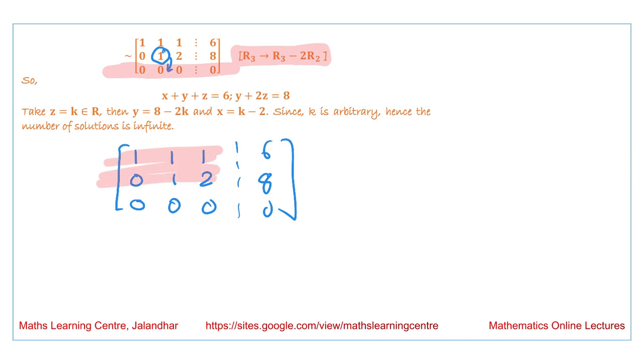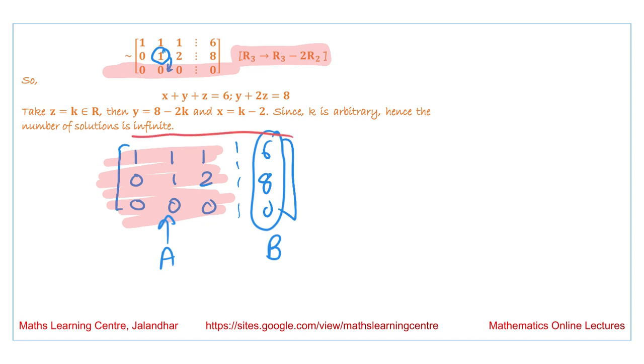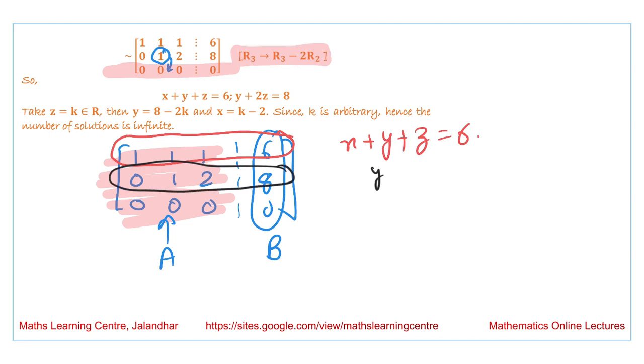This part of the matrix corresponds to A, and this part is the constant term corresponding to B. Now if we try to write the equations from this, from the first row the equation is x plus y plus z is equal to 6. From the second row, we have y plus 2z is equal to 8.